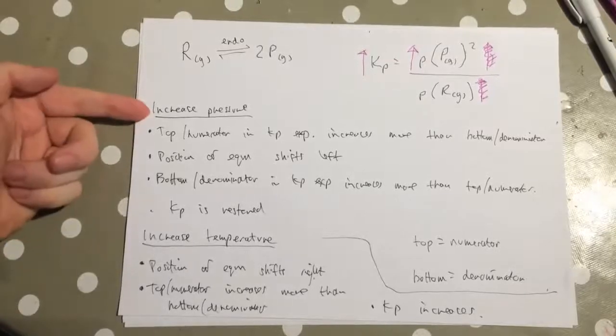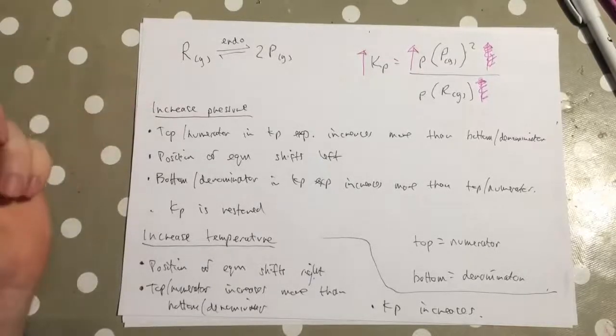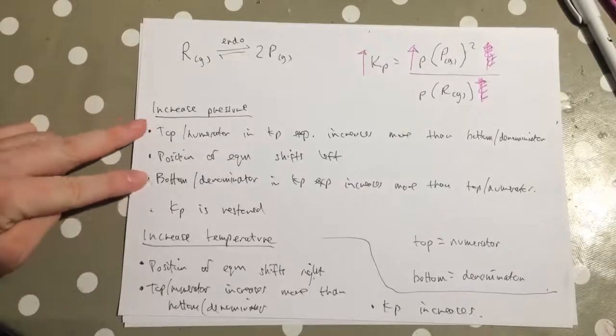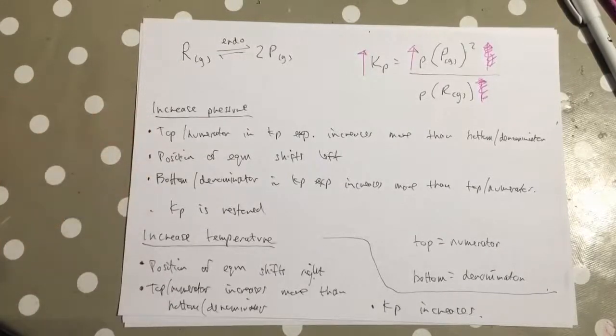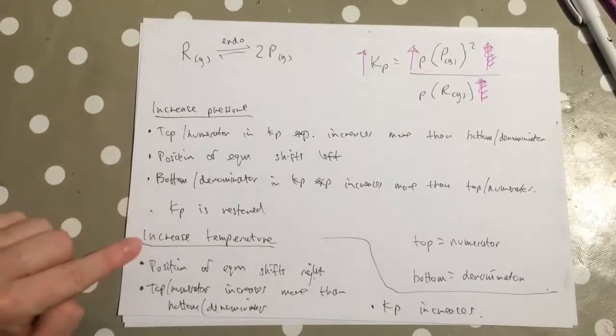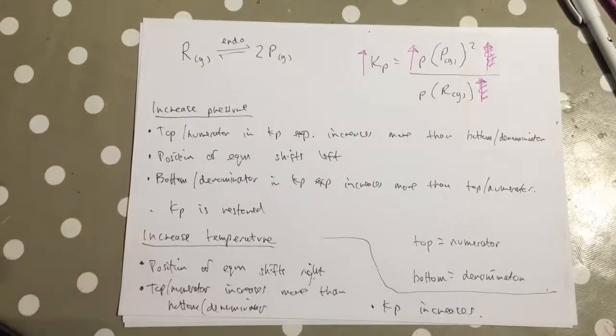If you start fiddling around with the pressure, by the end of the day, when you've re-established equilibrium, both your top and your bottom term have increased proportionally, and so Kp is restored. Whereas when you increase the temperature, you're only going to increase one of those terms, the top or the bottom, more than the other, and so Kp will change.